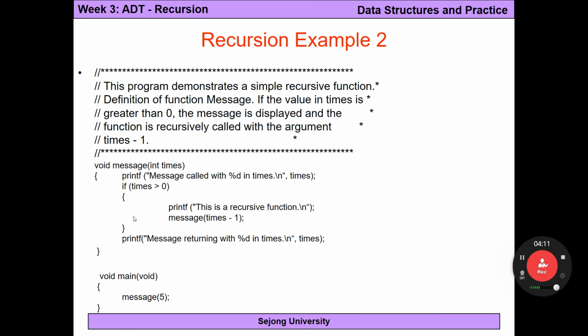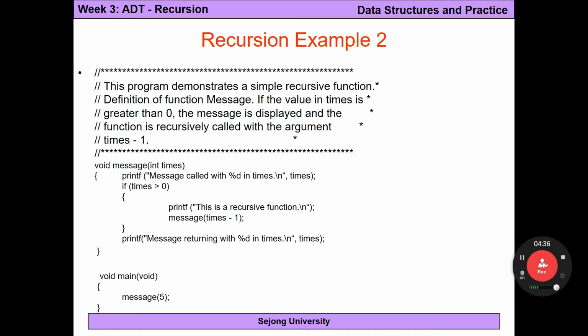Now it comes to the concept of head recursion as well. You can see here is the recursive function, and there is a statement before it and after it as well. Let's see how it will behave. Now you will see the advantage of recursion.